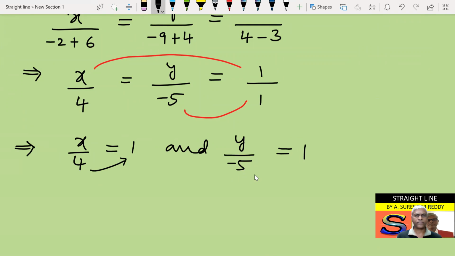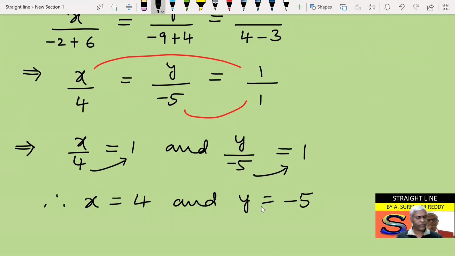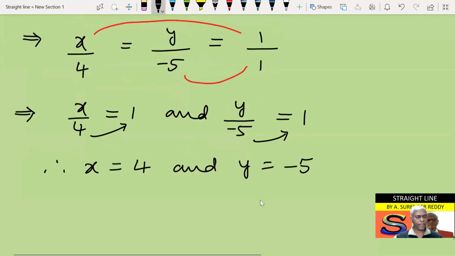Cross multiplying, x is equal to 4 into 1, 4. y is equal to minus 5 into 1, minus 5. So x value 4, y value minus 5.